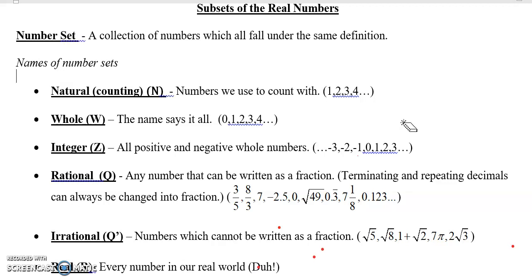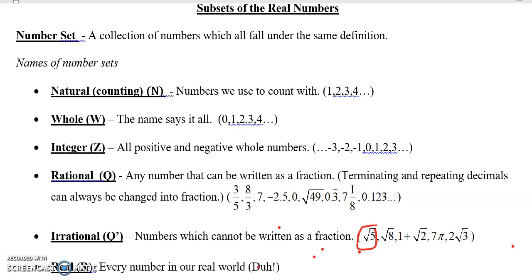So what kind of numbers would I expect irrational numbers to be? Well, irrational numbers are numbers such as the square root of 5. Anytime you have a square root that's not a perfect square, that's going to be an irrational number. Because if I were to try to type this into my calculator, I would get some number 2 point yada yada yada yada, and that decimal would go on forever.